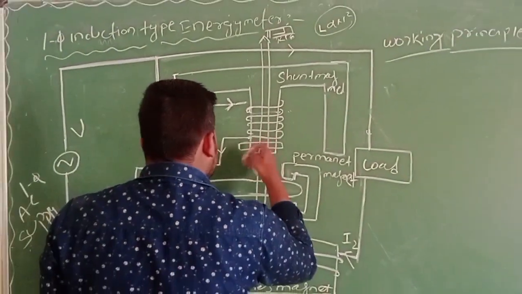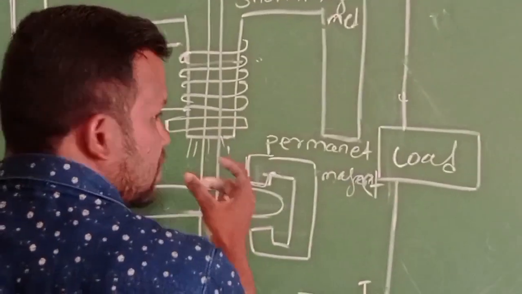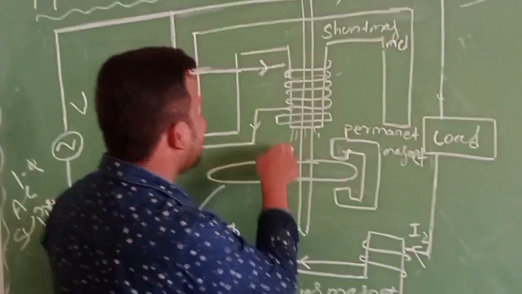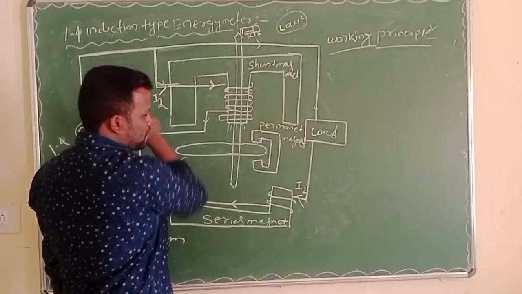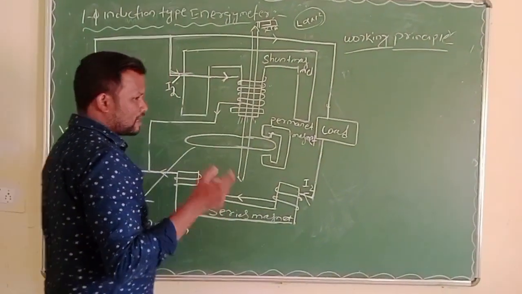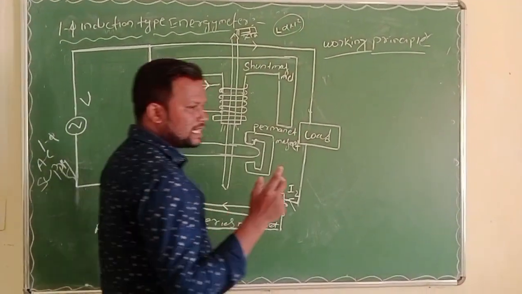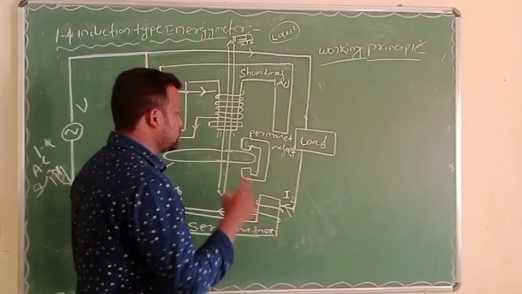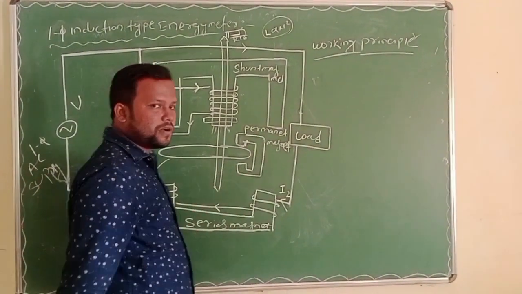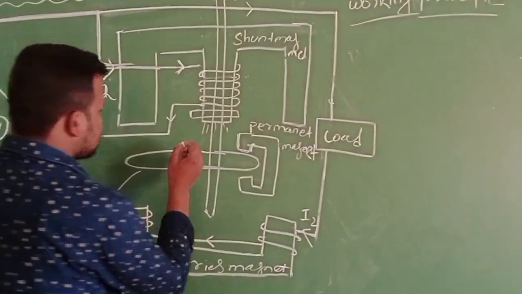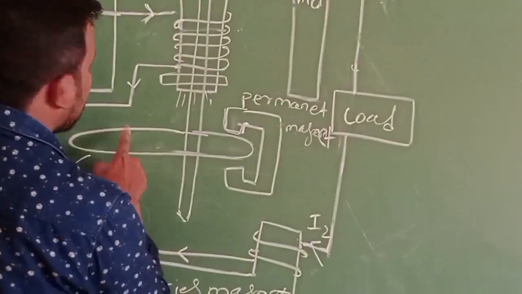This changing flux is proportional to the current, and the current is also proportional to the voltage. In electromagnetic induction, we studied that if a changing flux is linking to a coil, it will develop an EMF in the aluminum disc.